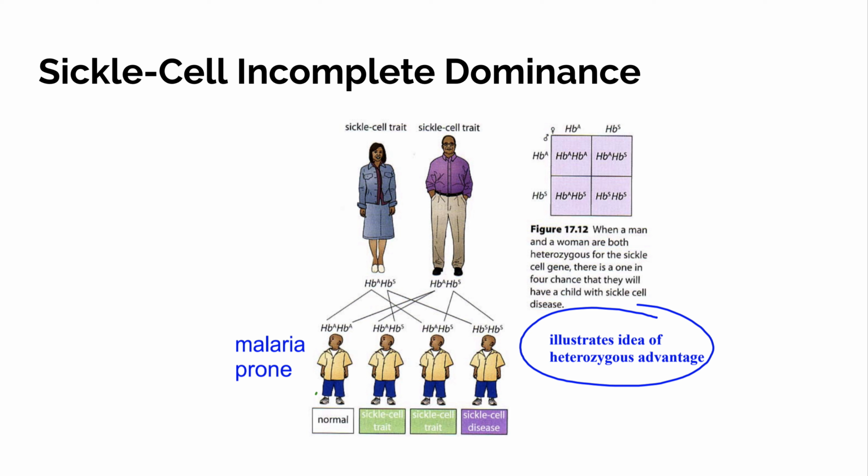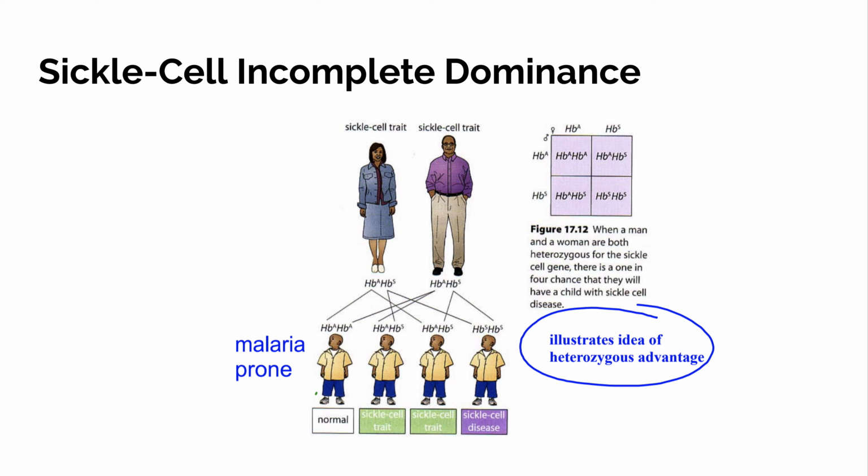Sickle-cell anemia, which we often like to talk about in evolution, is also a great example with genetics. Sickle-cell anemia is a very debilitating condition. It changes the shape of hemoglobin in the red blood cells, which also changes the ability of red blood cells to absorb oxygen as well as their shape.